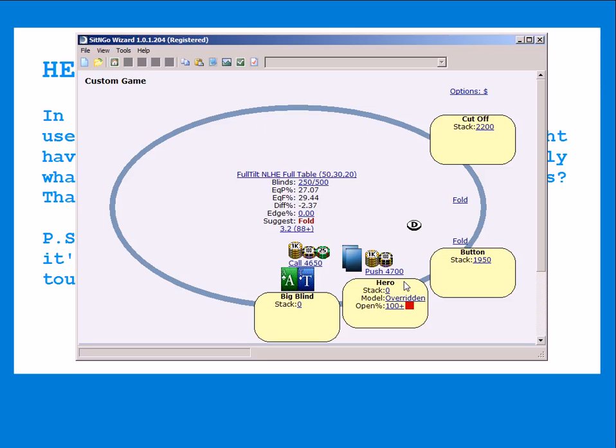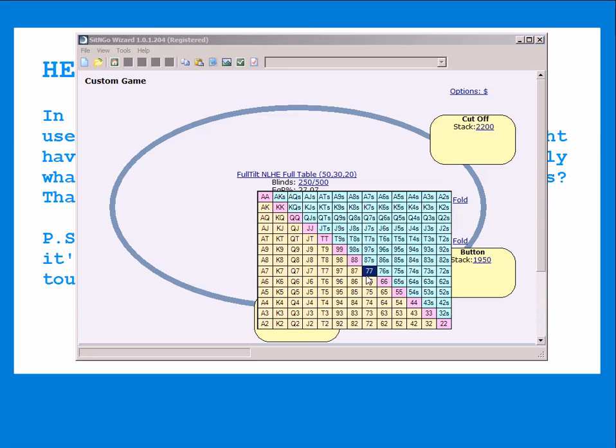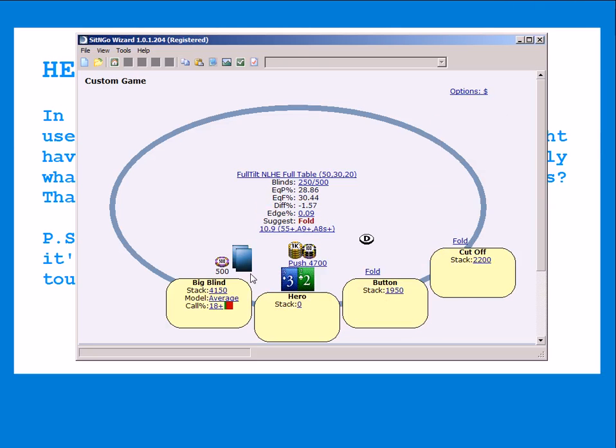We're going to be the small blind. That's us over here, and we're shoving with any two cards. Why are we shoving with any two cards? Because we know that our opponent can't call except with a very narrow range here.